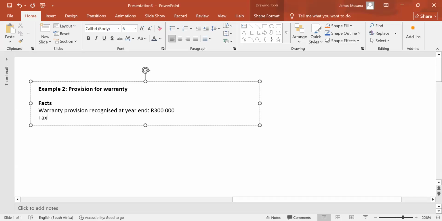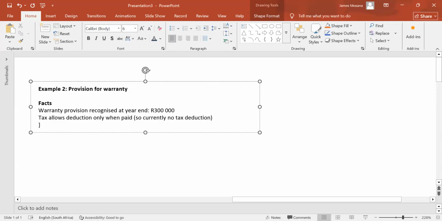So now, tax allows deduction only when paid, right? So currently, there is no tax deduction, right?